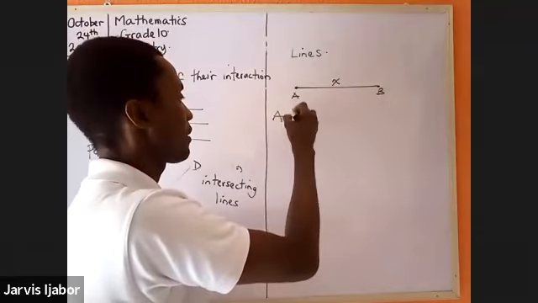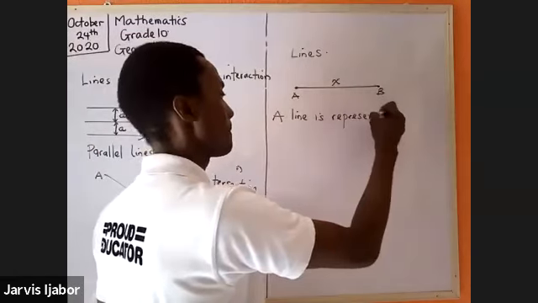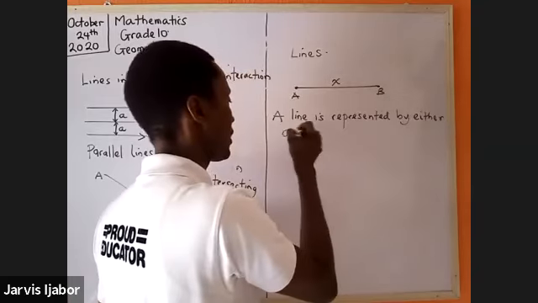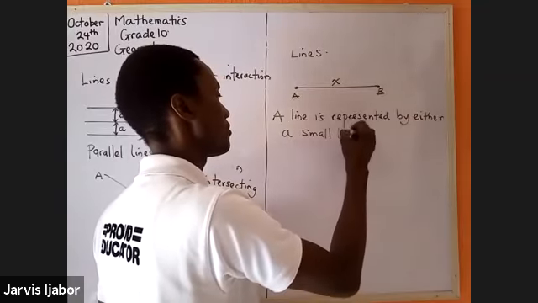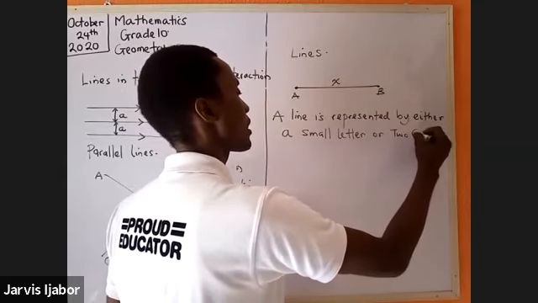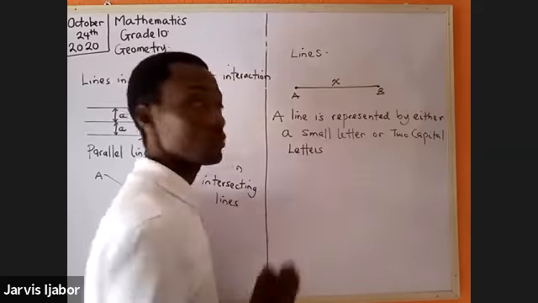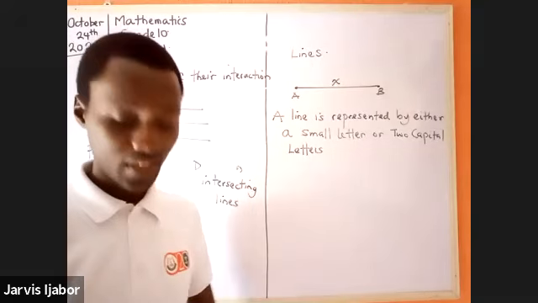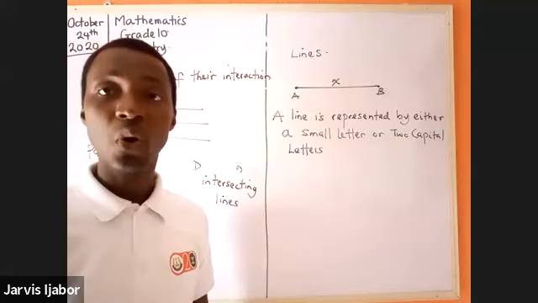So a line is represented by either a small letter or what? Two capital letters. So it's either you're using a small letter or two capital letters to represent the line. That's how we represent a line, either by using two capital letters or a small letter.